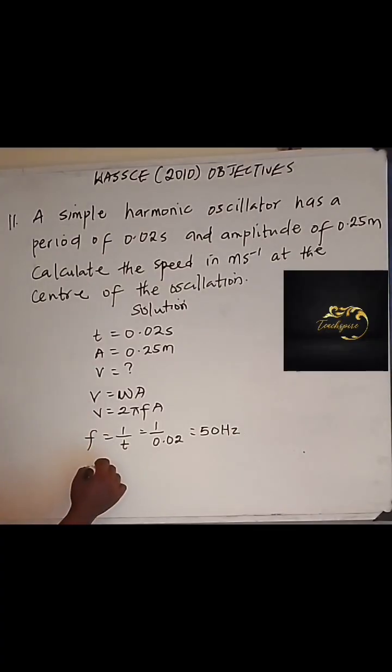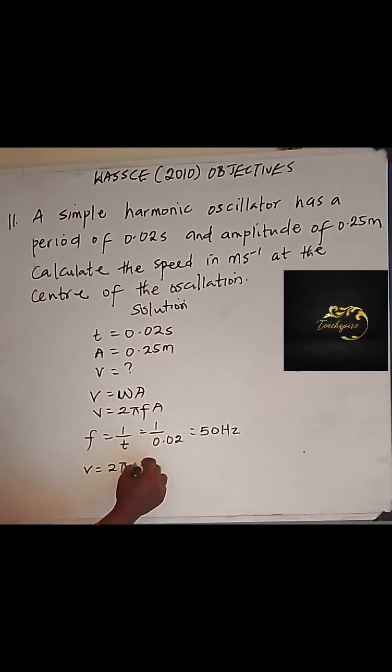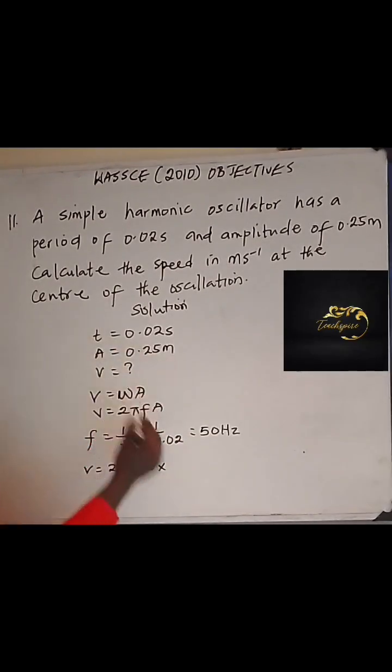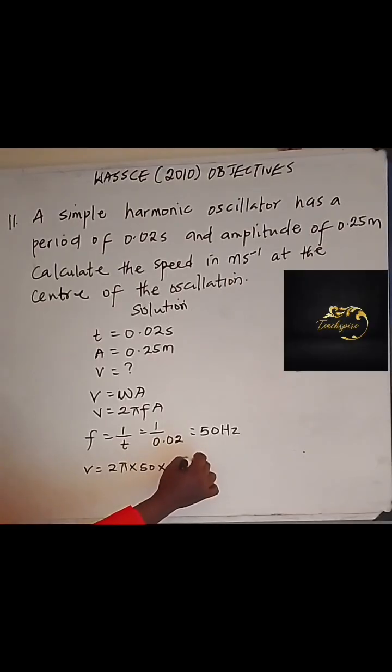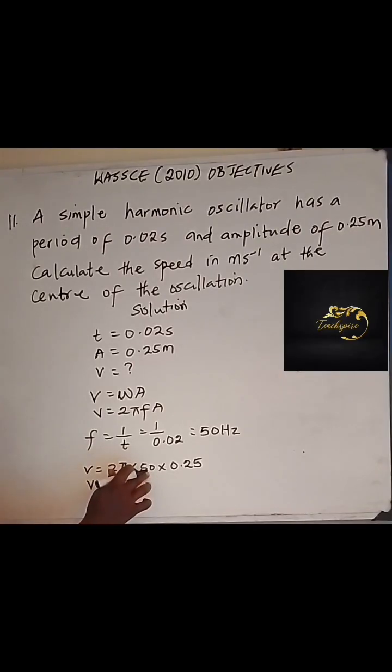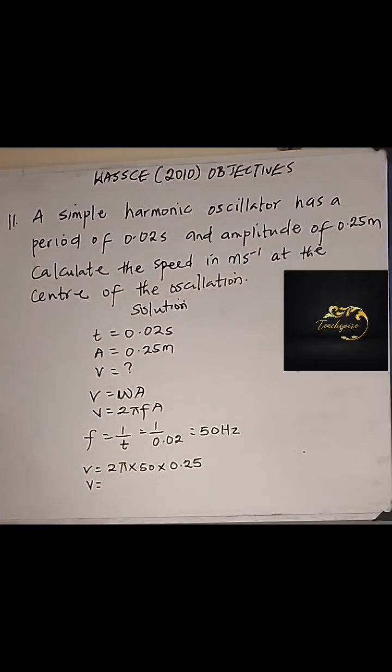So I'll say v equals 2 pi multiplied by 50 multiplied by 0.25. Then 2 multiplied by 50 gives me 100. Then 100 multiplied by 0.25 gives me 25. Then I put my pi, so I have 25 pi.